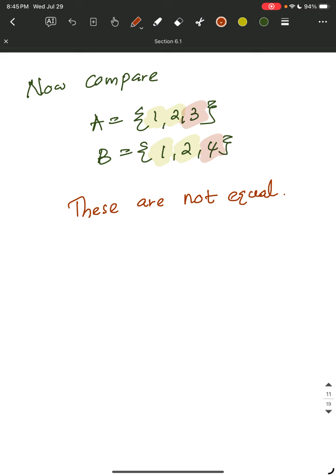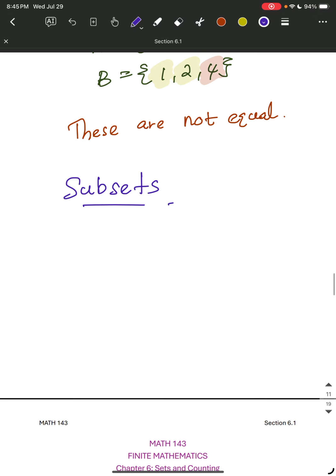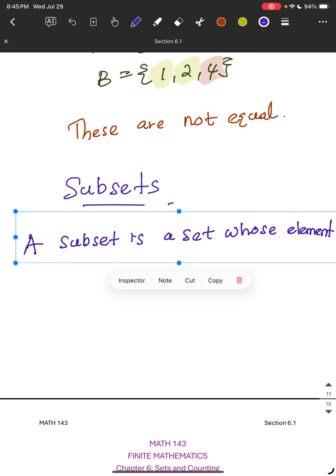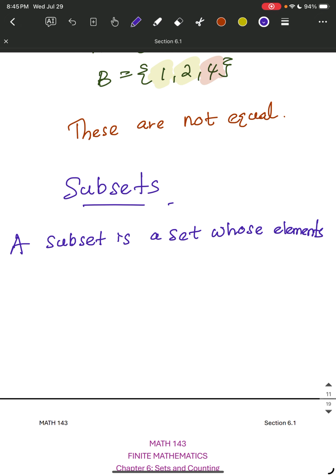Okay, then let's move towards subsets. A subset is a set whose elements are all contained in another set.